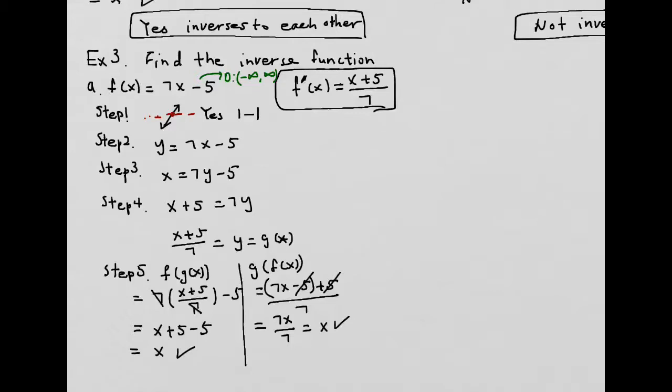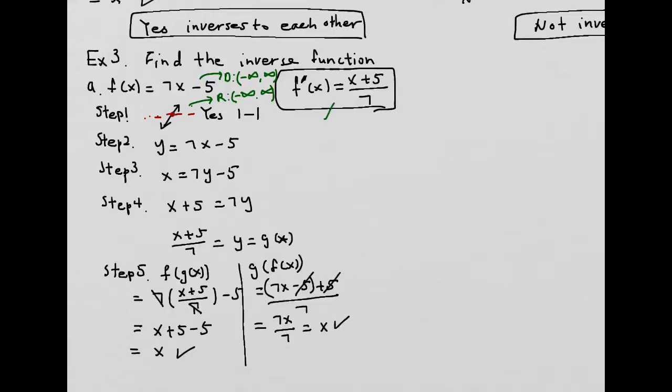The range, well, we can look at our graph and tell our range is also all real numbers, right? But let's say we didn't know what the range was. Then you can also look at the domain of the inverse.